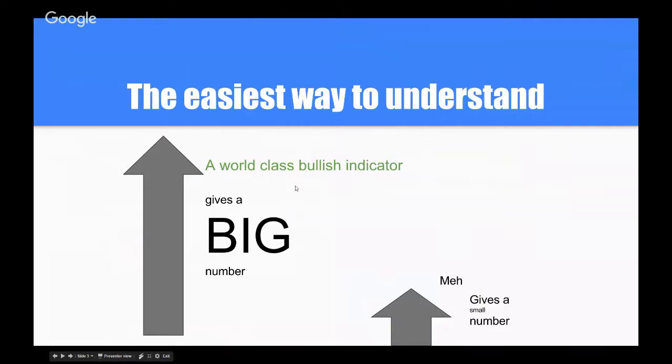Think of this visually. This giant arrow would be a world-class indicator. Whenever the indicator gives you a certain number, you would want it to ideally tell you that there is a large move expected at some point in the future. And if you have a mediocre indicator, as indicated by the meh, that might give you a small predicted value in the future.